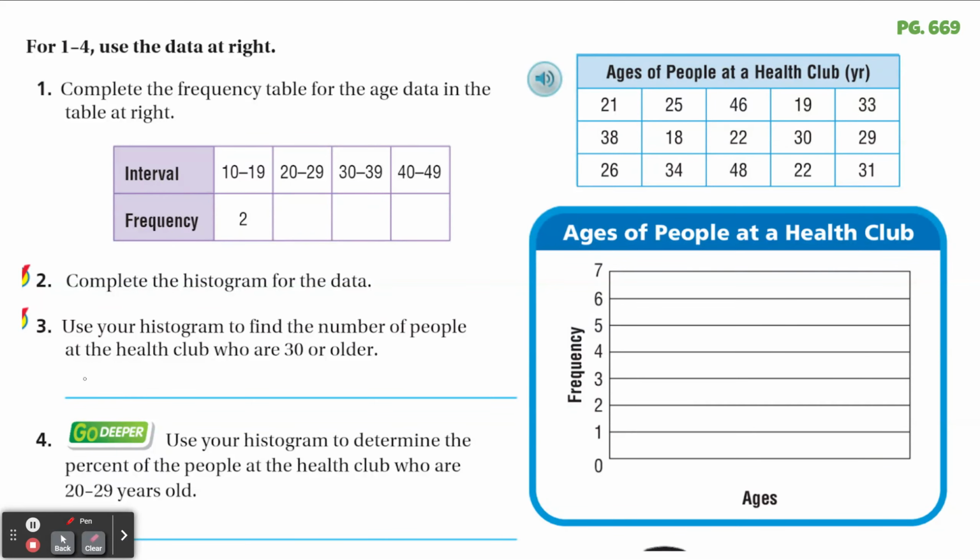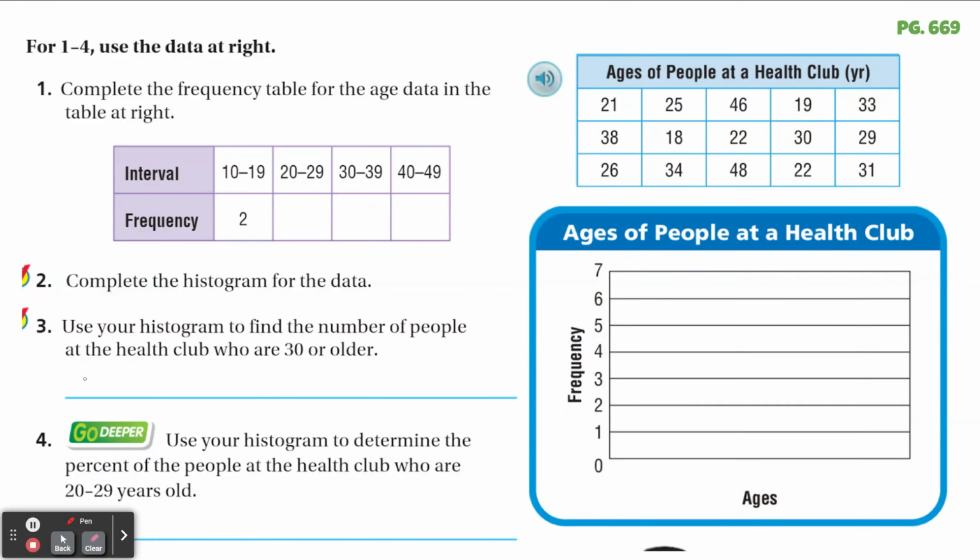All right, go ahead and look at the questions 1 through 4 on page 669. So these 4 questions, this group of questions, are all related to this table that has the age of people at a health club. This is very similar to the question we just did in terms of what you need to do. So the first thing that we're going to do is complete the frequency table for the age data in the table to the right.